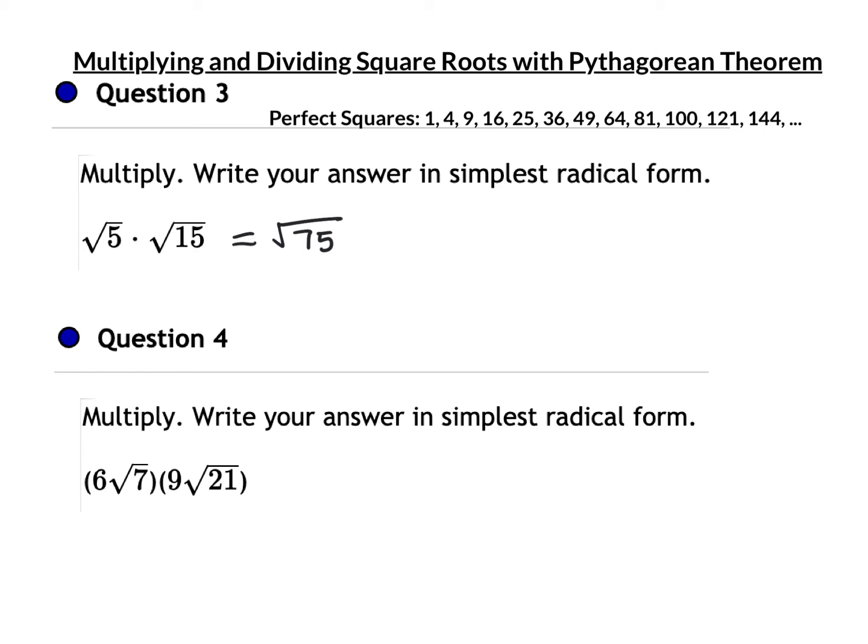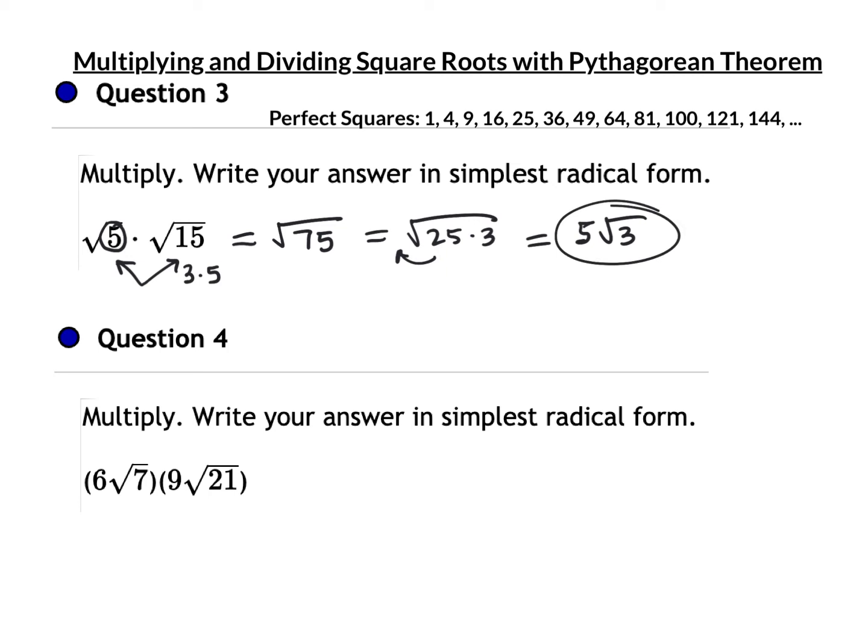Remember that you can find it by looking at the two things you're multiplying and finding that greatest common factor. There's a 5 here, and there's also a 5 in 15 because it's 3 times 5. Those two 5s, 5 times 5, are going to make a perfect square of 25. 75 is 25 times 3. I can take the square root of 25, it goes out front, and that would be 5 root 3.